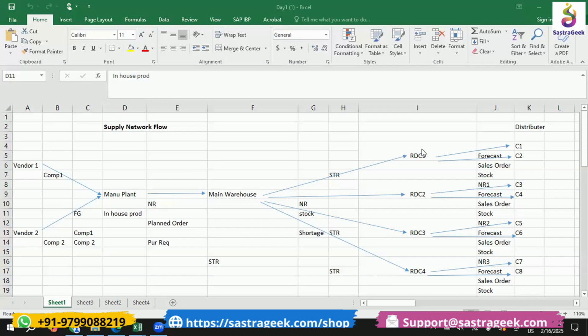How is the system able to identify the shipping plant? It is because of the customer master, where a default plant is assigned to a specific customer.